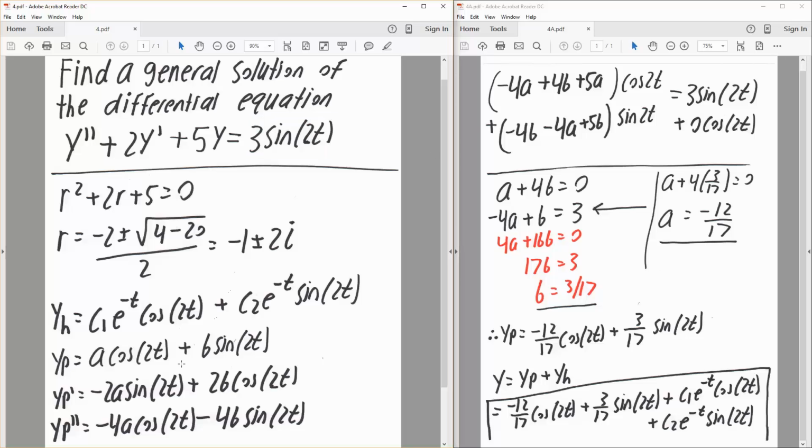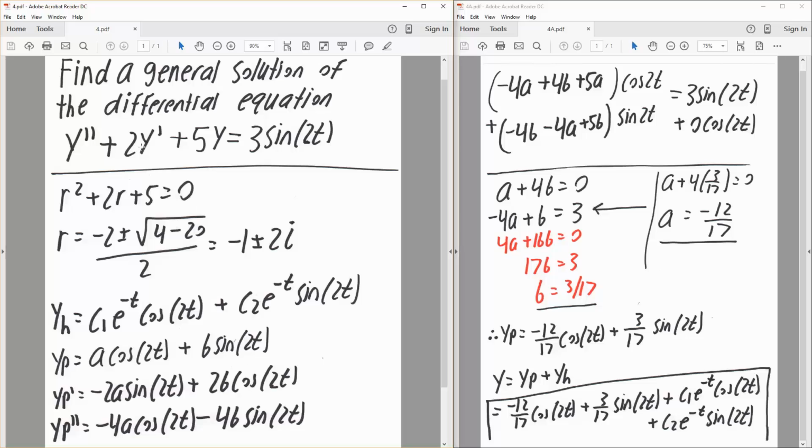The next thing we're going to do is plug it in here. So y double prime is negative 4a cosine 2t minus 4b sine 2t. We have a negative 4a cosine 2t, so we simply write negative 4a. Next, we do the same thing for negative 4b sine 2t, so we say negative 4b.